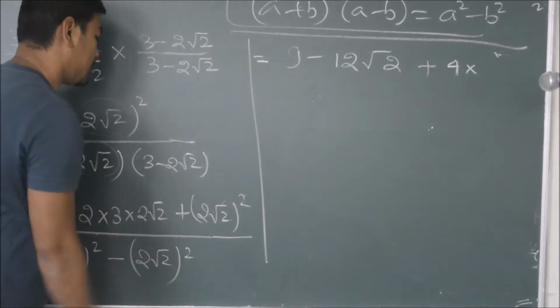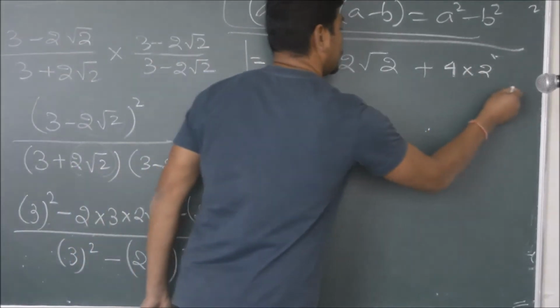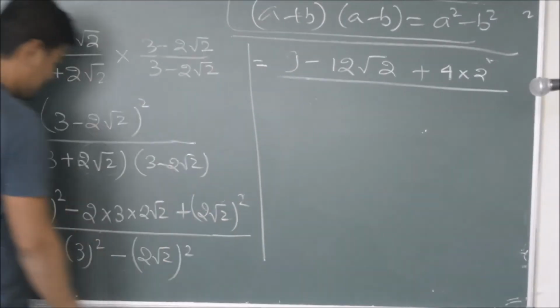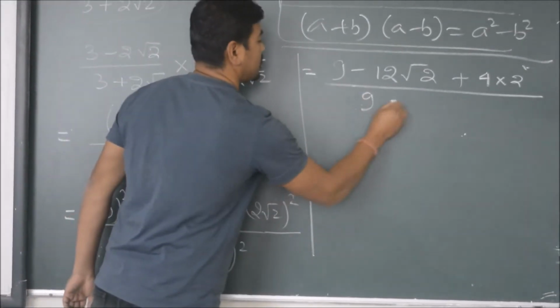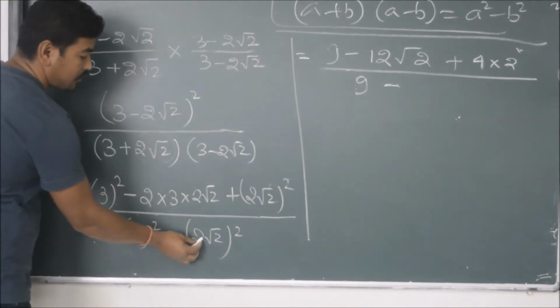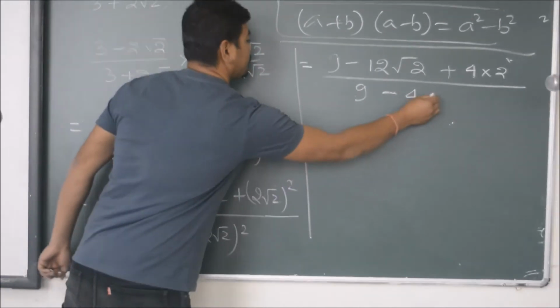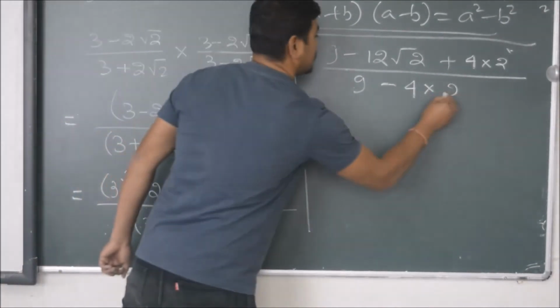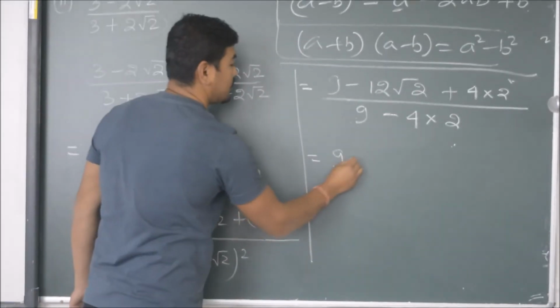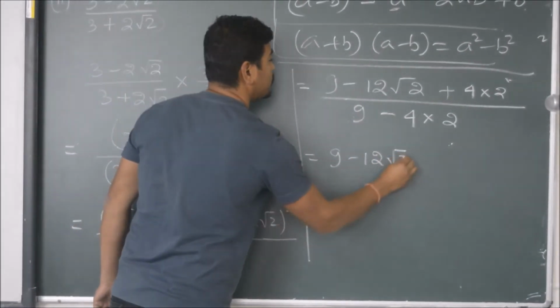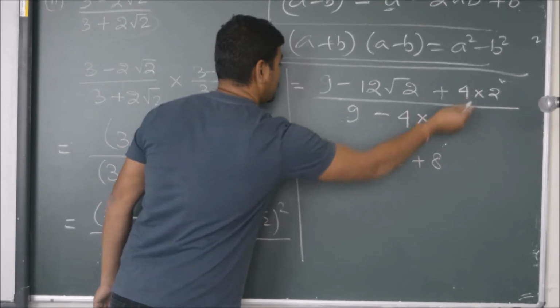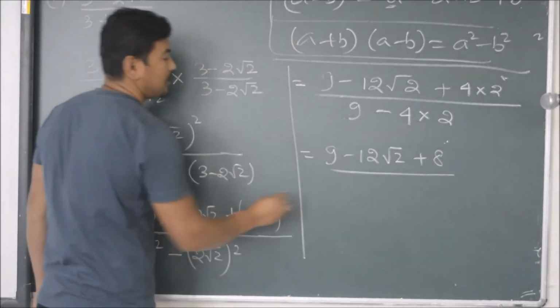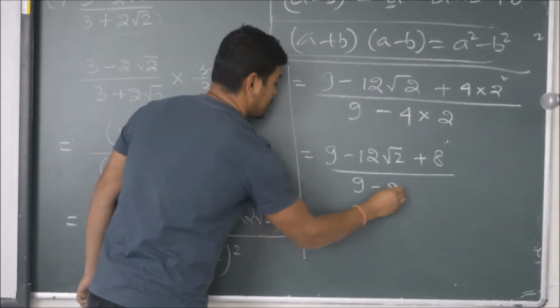You imagine like this, 2 divided by 3 square is 9 minus, again here also 2 square is 4 into root 2 square is simply 2, which is equal to 9 minus 12 root 2 plus 8. 4 times 2 is 8, divided by 9 minus 8.